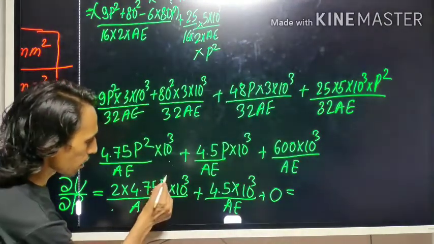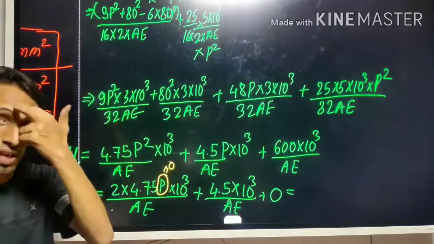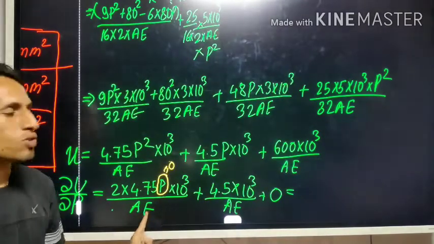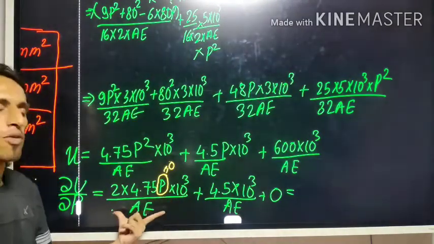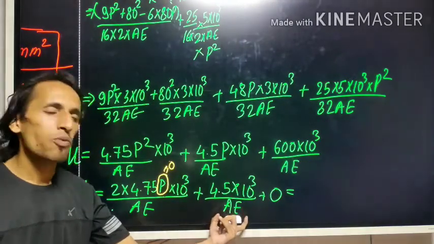So the value of P was actually 0. Okay. So now you can put the value of P equal to 0, and this term will also disappear. So only this term will be left.